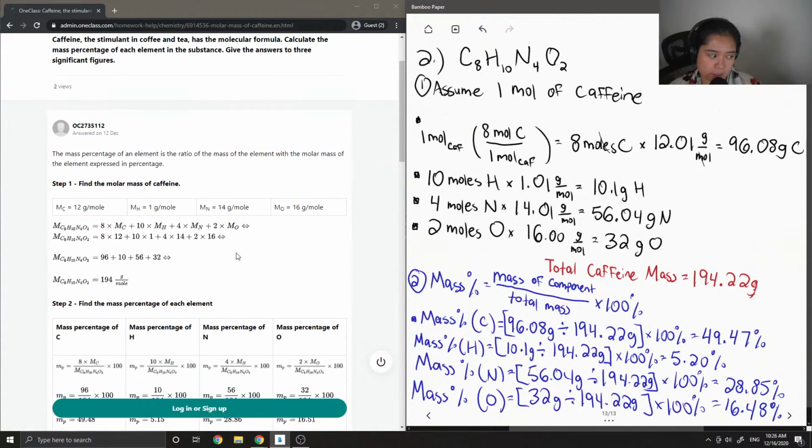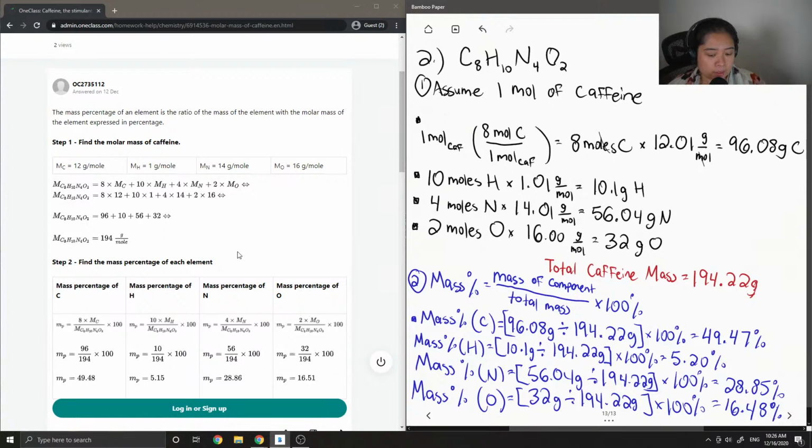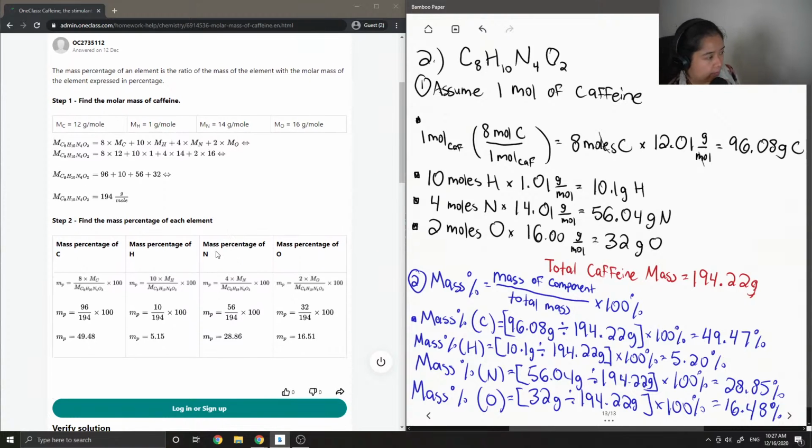Okay, so let's see what the junior tutor said. The mass percentage of an element is the ratio of the mass of the element with the molar mass of the element expressed in percentage. Step 1 is to find the molar mass of caffeine. Yep, that's the same thing as finding 1 mole of caffeine.